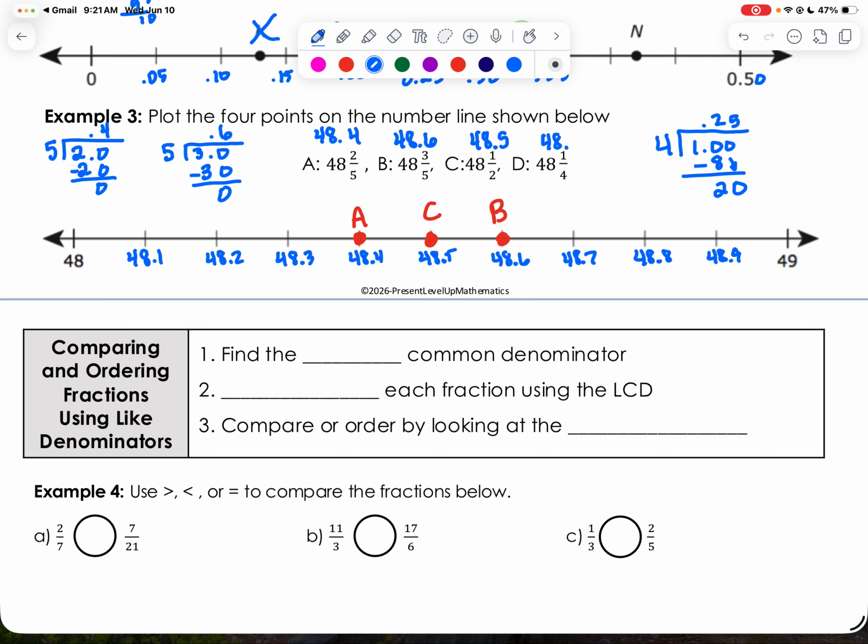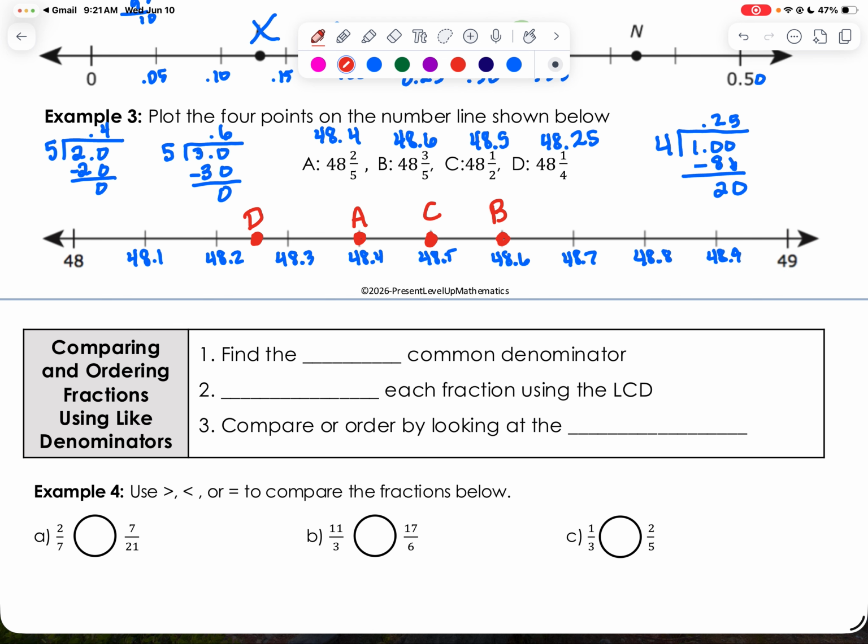So 48 1/4 is equivalent to 48.25. Now, when you plot the 48.25, notice it's bigger than 48.2, but smaller than 48.3. So it would have to go in between those two. So that's point D.